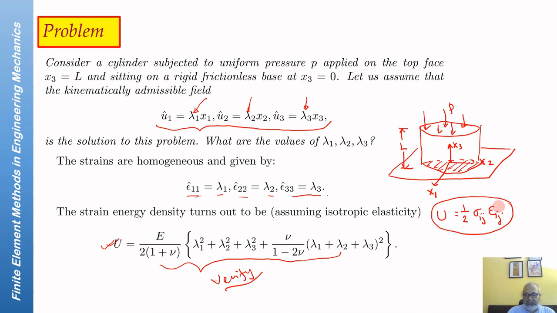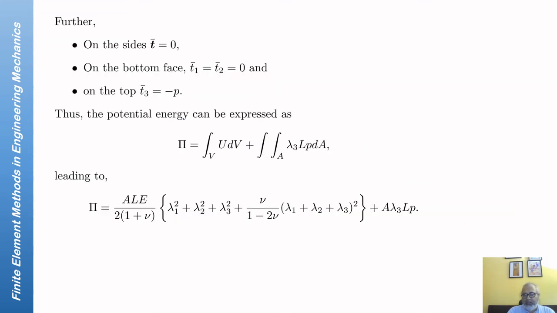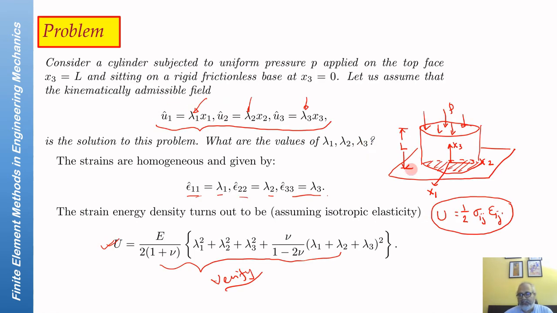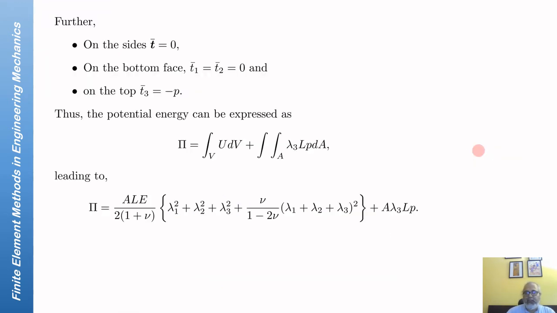Now, this is your U, and on the sides, you have traction free. So these sides, these walls, are traction free, and then on the bottom face, T1 and T2 are 0 because it's frictionless, and on the top T3 is equal to minus P, and based on this you can find the potential of the load.